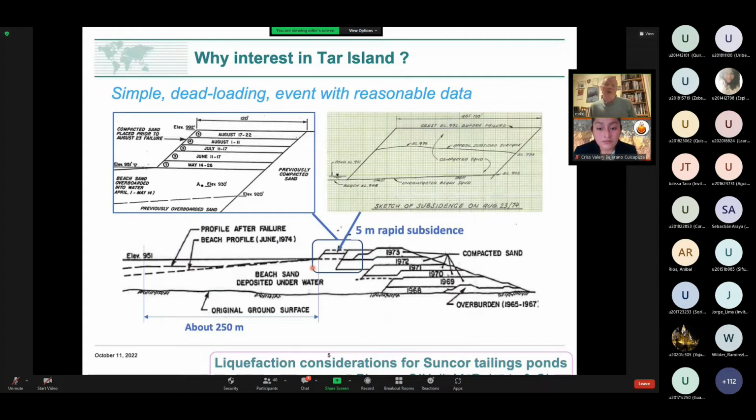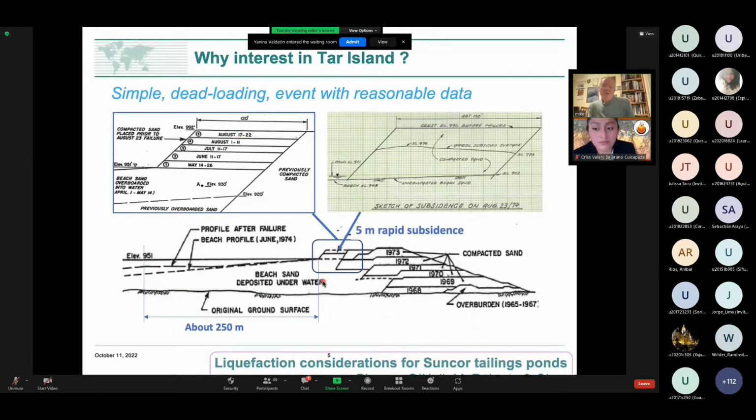But the one we're going to look at here is one of the largest slumps and one that was nicely documented at the time. This drawing here is from the engineer of record. That is their sketch they made after the event occurred. And we have a detailed loading history of how it developed.